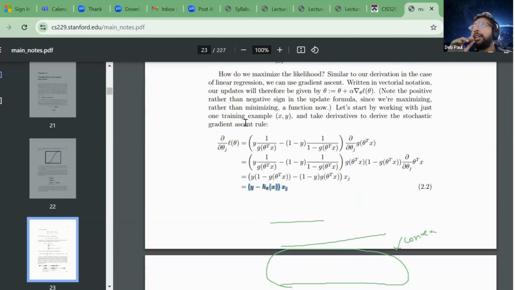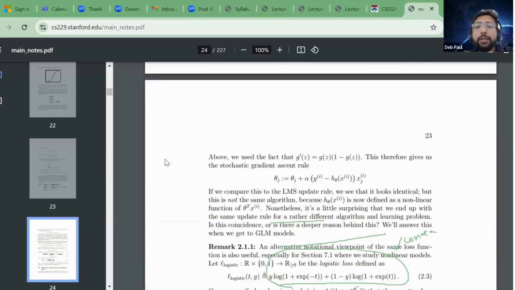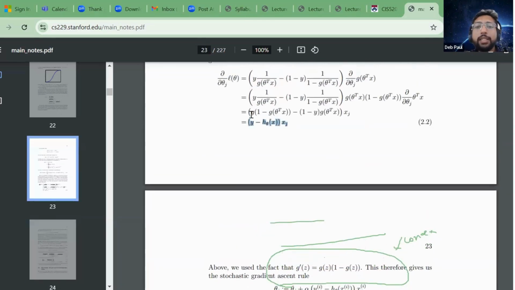There are some conditions on which it is convex, so you should read up on this. There is some kind of asymptotic nature to this function. Again, we arrive at the same loss function that we started with, which is basically the same update function, and that's the idea.